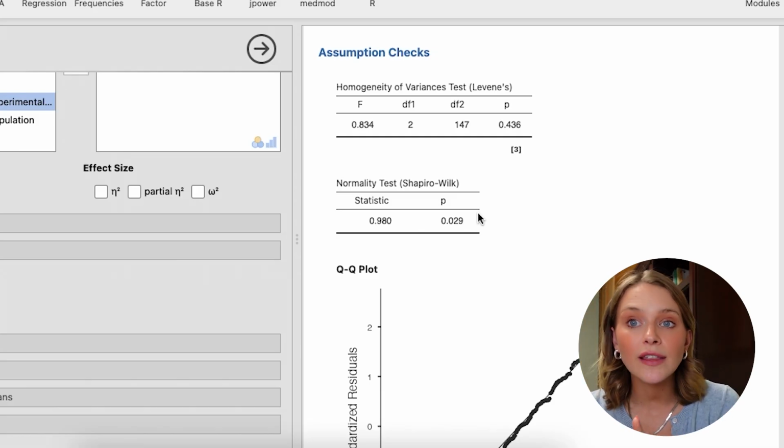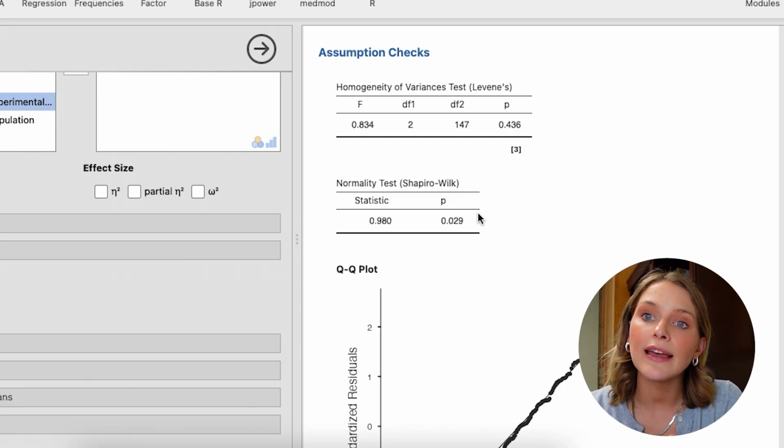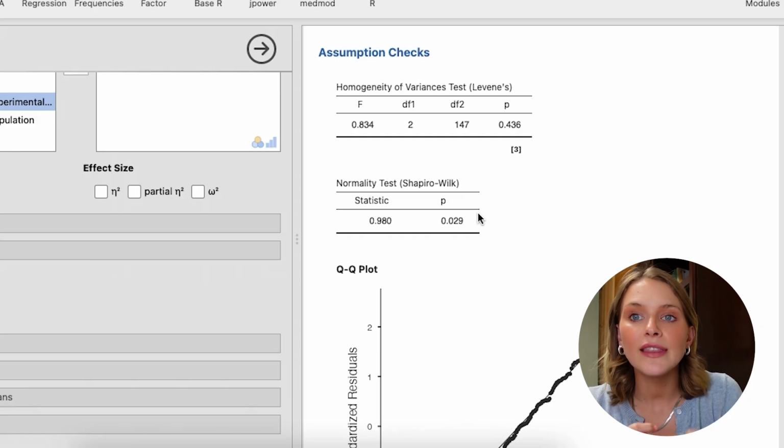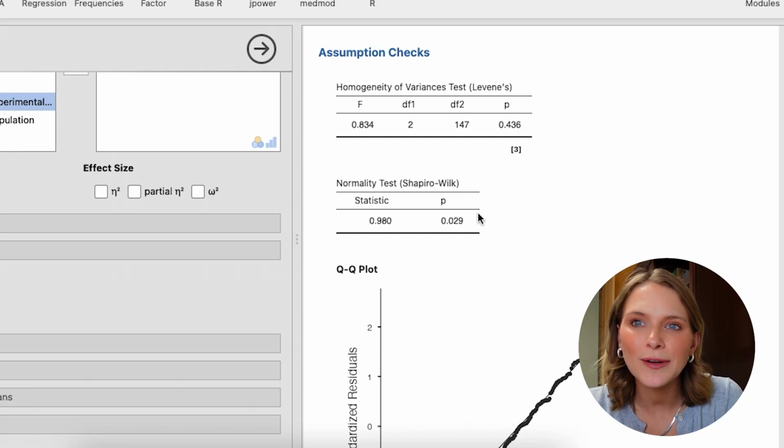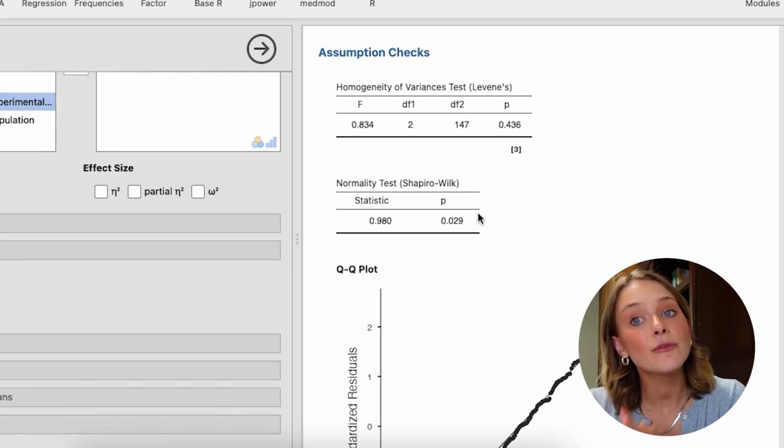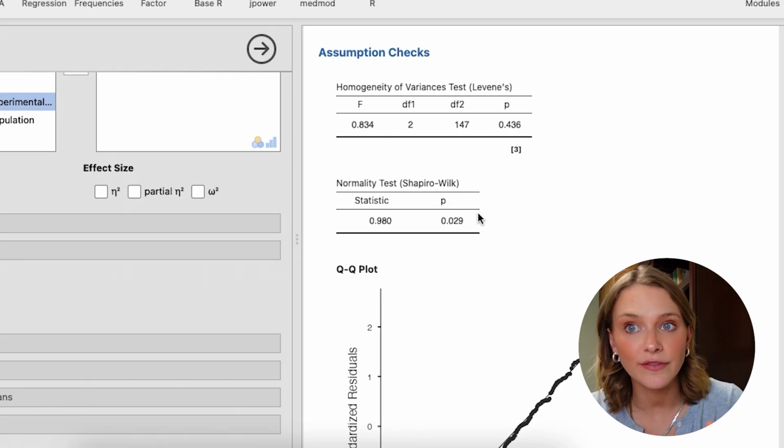The first thing I want you to keep in mind is that ANOVAs, like t-tests, are robust to violations of normality, which means that if we violate normality, these tests can sort of take a hit, so to speak. They can handle a little bit of variation away from normality, especially if sample size is sufficient.